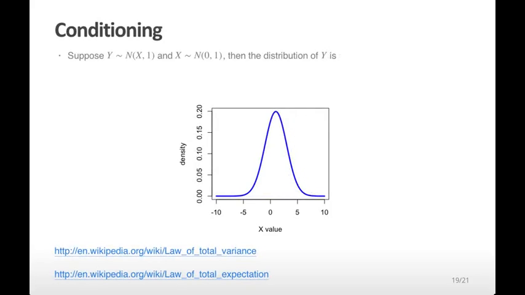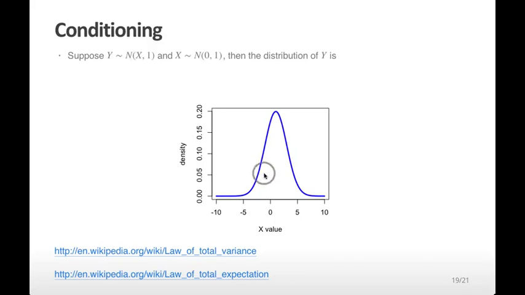However, when we don't know what x is, then the distribution of y has to take into account the variability in x. Since the center of x is still at 0, the center of y will be at 0, and so the distribution is still centered at 0. But you can see that it's slightly more spread out if you compare this distribution to the distribution when we have a fixed mean.